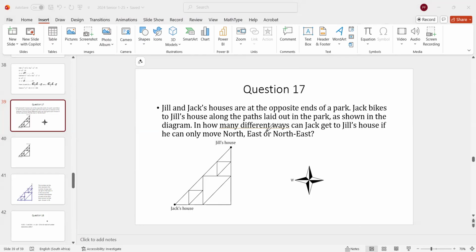So many ways in which you can get there. The question is, in how many different ways can Jack get to Jill's house if you can only move north, east, or northeast? So in other words, you can move north, that direction, or east, or northeast, along the sides of these triangles.